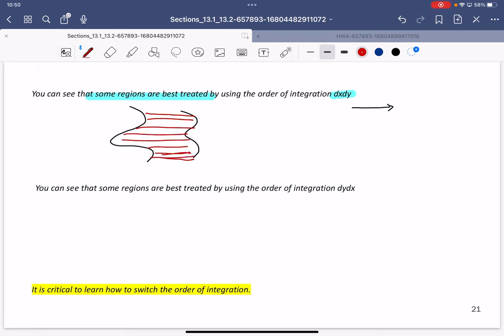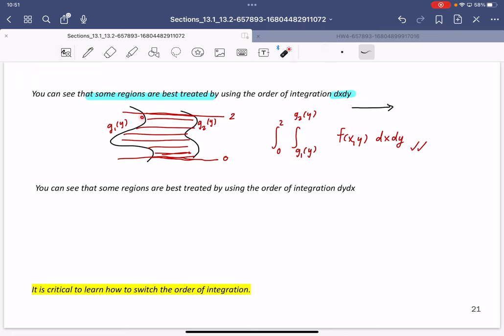You just start from the function g1(y) to g2(y) here, and let's suppose this is from 0 to 2, so you're going to integrate g1(y) on the left, g2(y) on the right, and then you put the given function here, and then you do the dx dy. This is going to be okay, because you don't have to separate the region at all, right? Because every time you go from 0 to 2, you just start from g1 to g2.